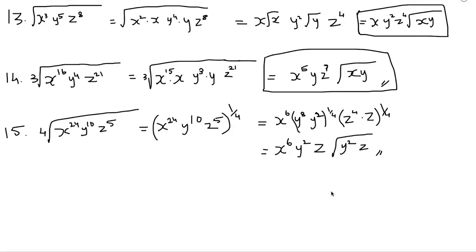Only one issue in these last two problems. The 13th one, we don't have any doubt about it, that x squared times x, 2 inside the square becomes outside, it becomes x, and y to the power 4 comes outside the square root, becomes y square, and what's left here is root of x, root of y, and the z to the power 8 comes out, z to the power 4.